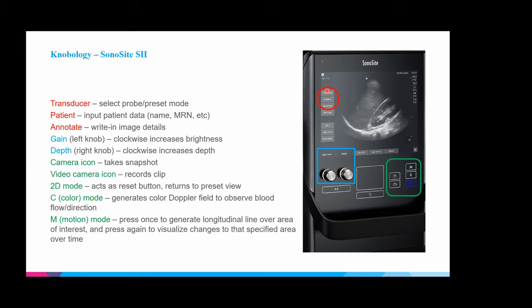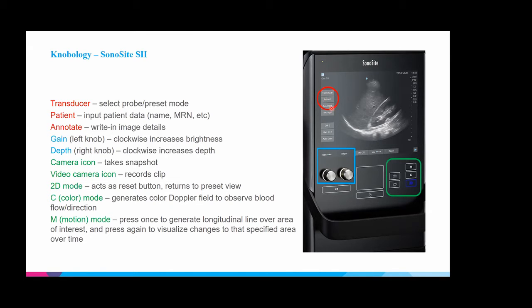If you pick the body probe, do you want the cardiac mode or abdomen mode? The tab below is the patient button, where you input your patient data: the name, the MRN, the operator, and the supervising attending. That all goes in that section.